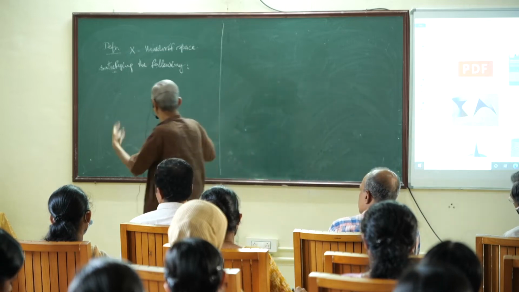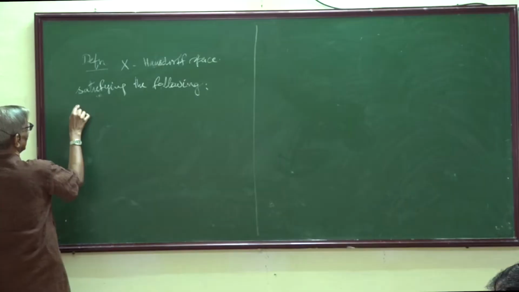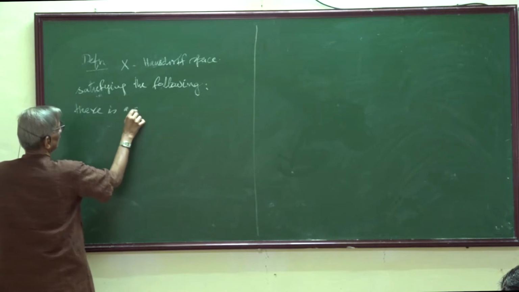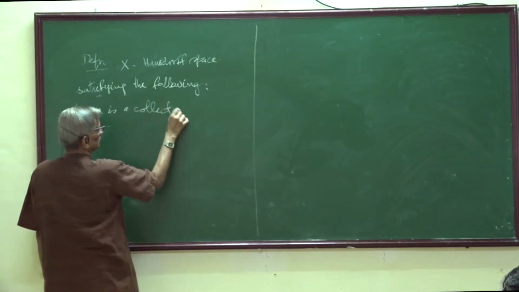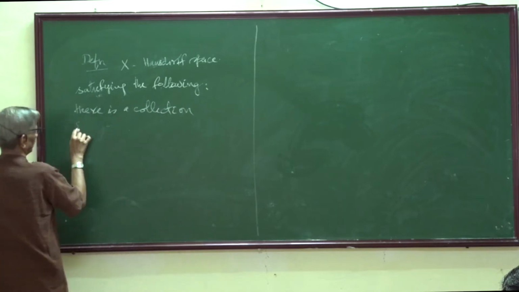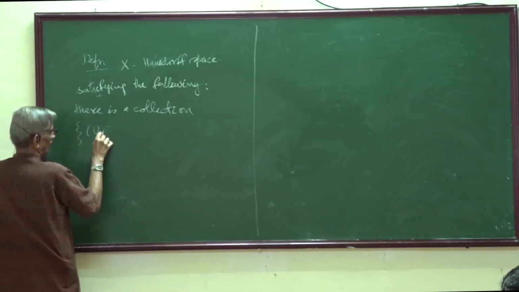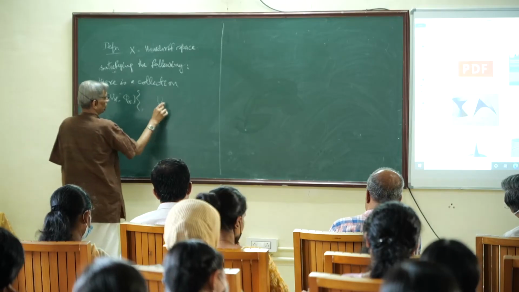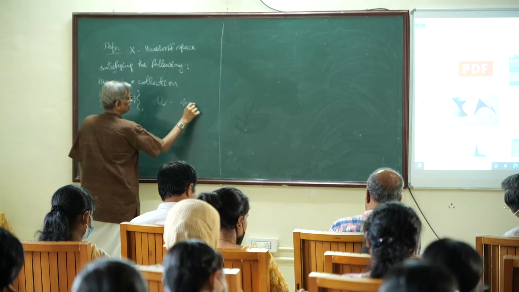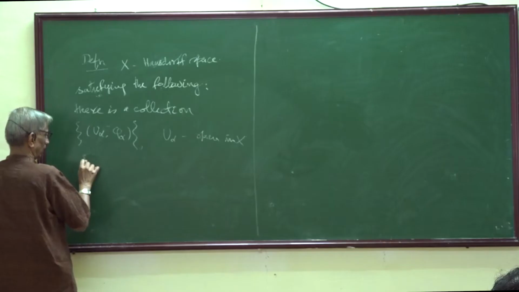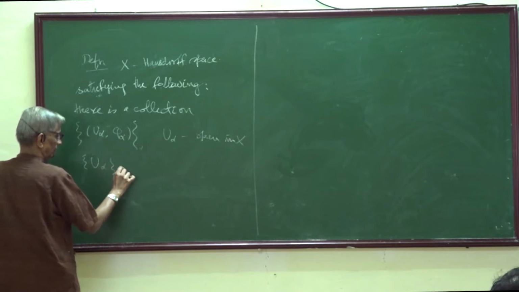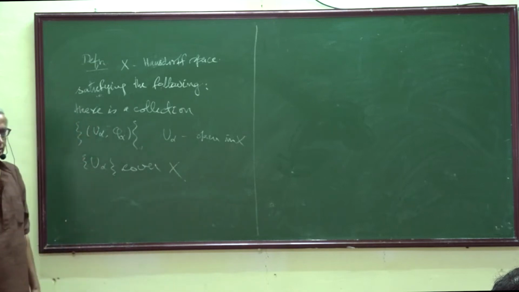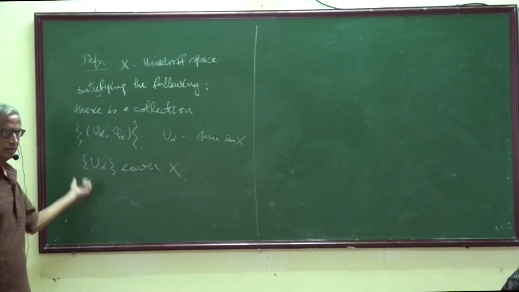Okay, so you have a collection where these U alphas are open sets in X, and they cover X. So which means around each point there is a U alpha.